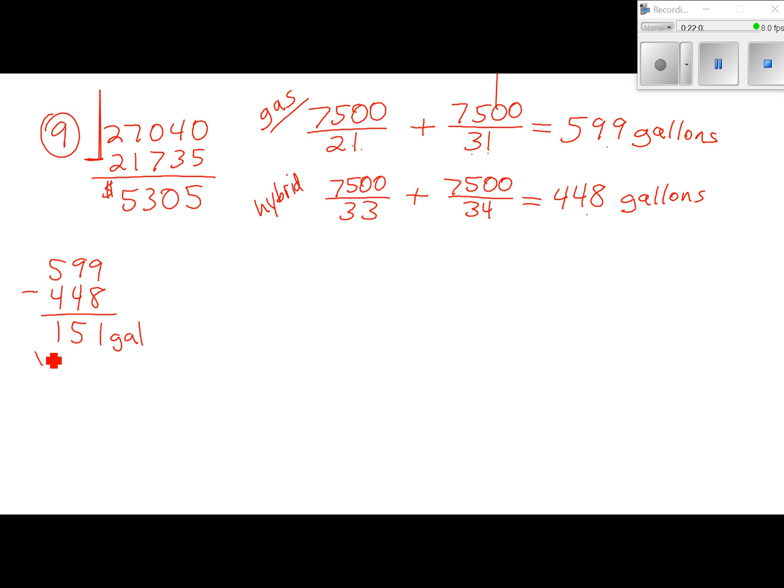And if we take this number, and they said he can get gas for $4.08, we multiply those. So I grab my calculator, 151 times 4.08, and I get $616.08.